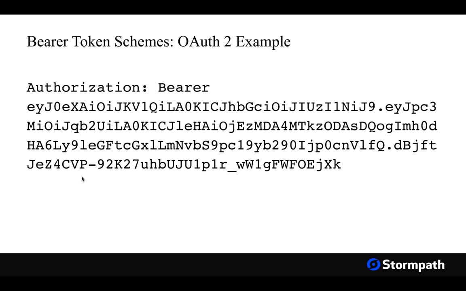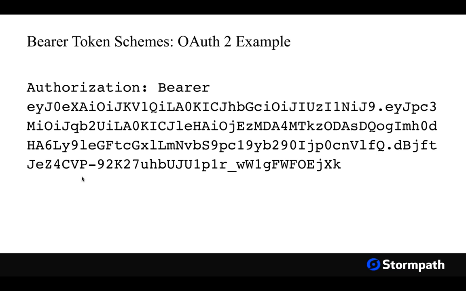Here's a real-world example of an OAuth 2 bearer token. We're setting the authorization header with the word bearer followed by some really long string that extends many lines. The value here isn't really that important in this example. We'll dig into what this actually means in a little bit, but from our perspective, it's a random long string that has some sort of meaning for the server.